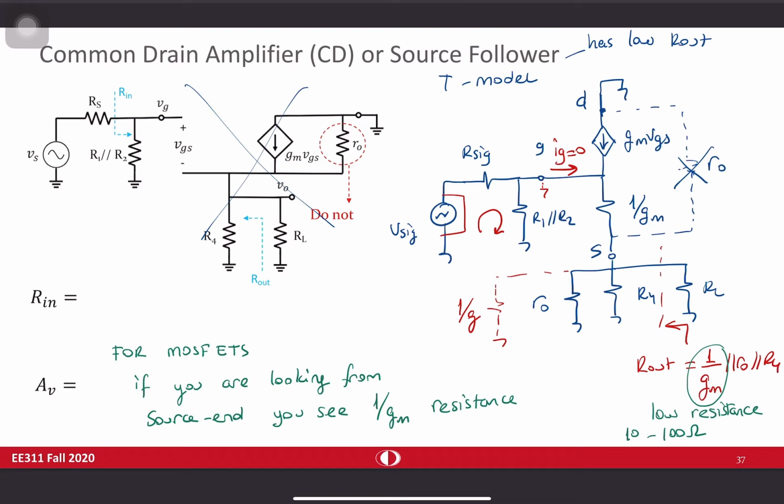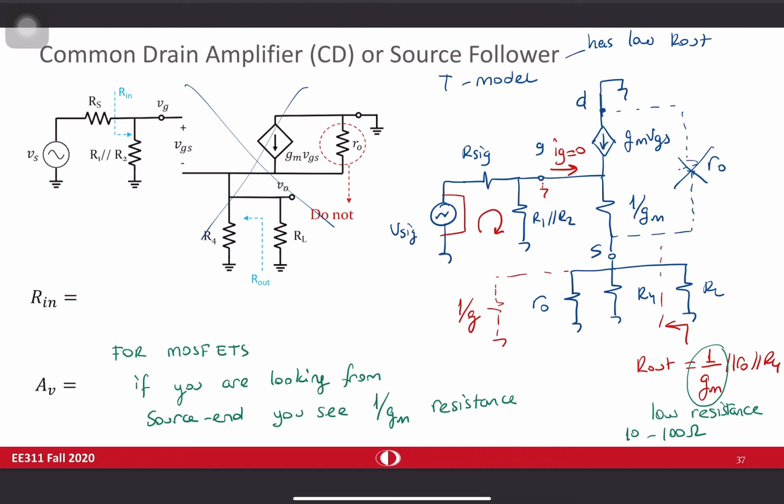When you take a look at the output resistance, you always see a large output resistance. Only for the common drain amplifier, since you are looking from the source end of your transistor, your output resistance is limited by 1 over Gm, which is a very low output resistance. And this is quite meaningful.